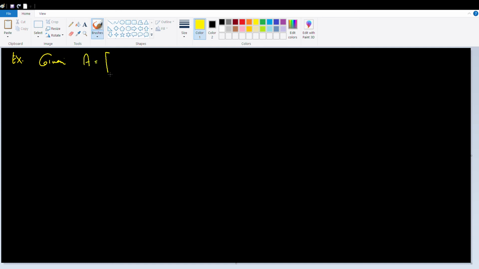Given matrix A, 1, 2, negative 1, 3, negative 1, 2, 1, negative 2, and 1. So let us find the inverse A to the negative 1 if it exists. All right?